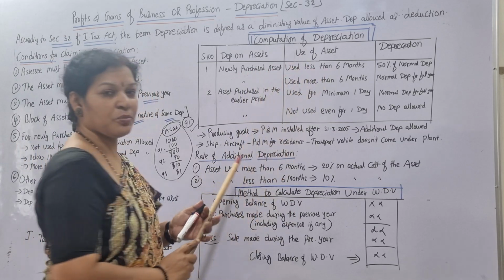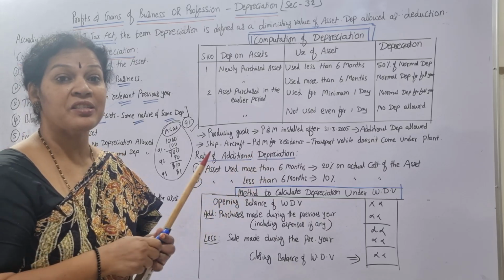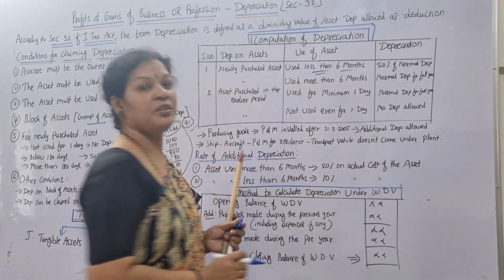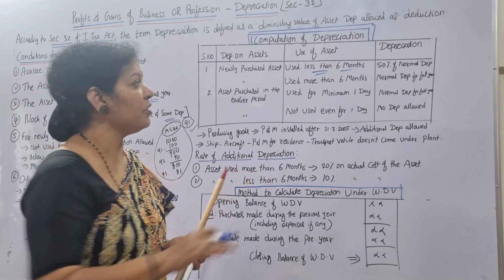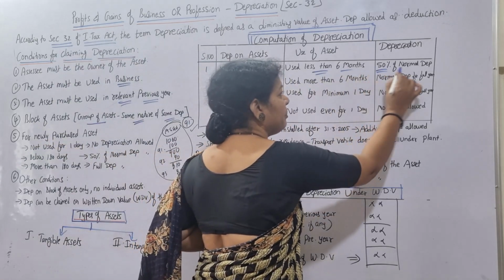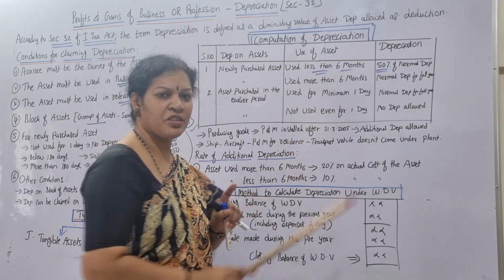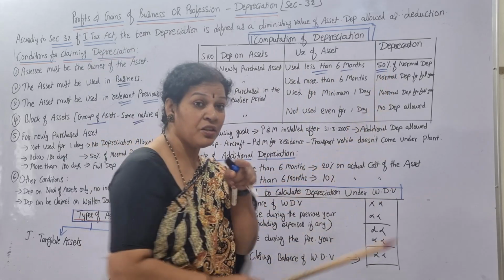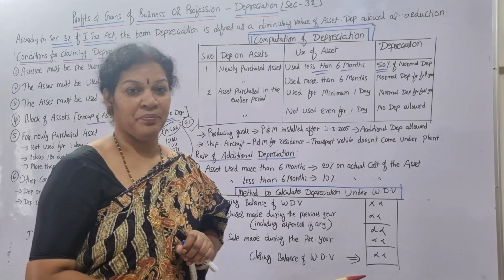Used less than 6 months. If the newly purchased asset is used less than 6 months, what would be the depreciation? The depreciation would be 50% of normal depreciation because you have used it less than 6 months. So 50% of normal depreciation you are eligible to claim.